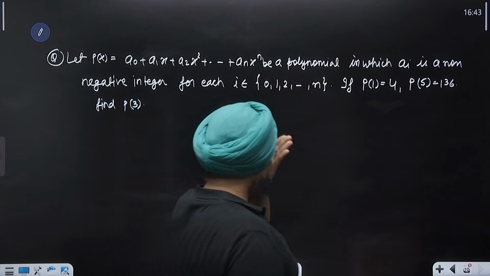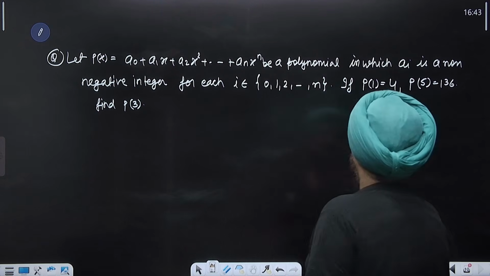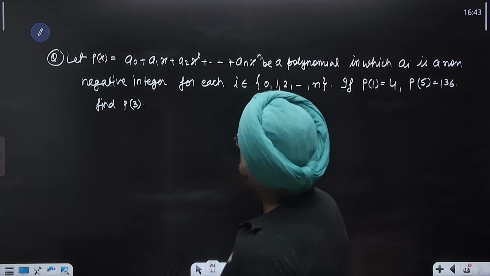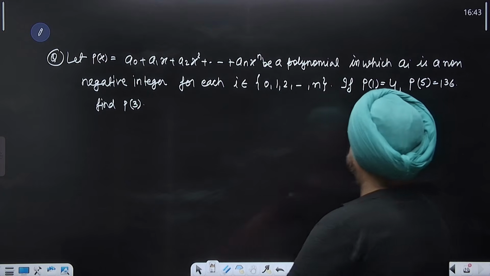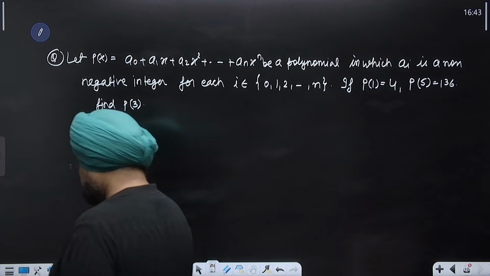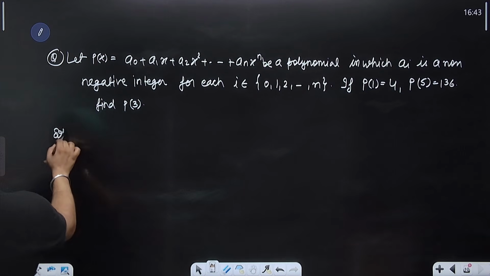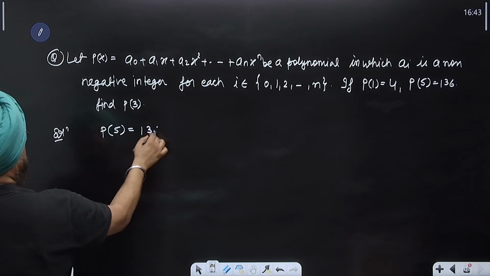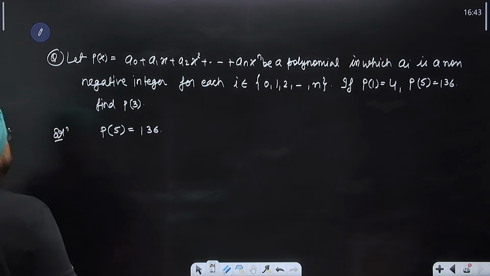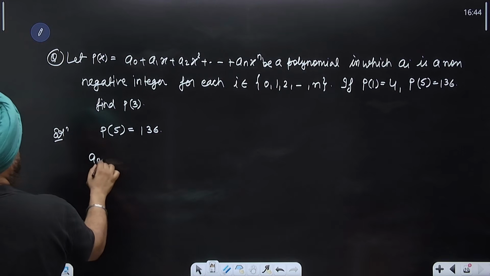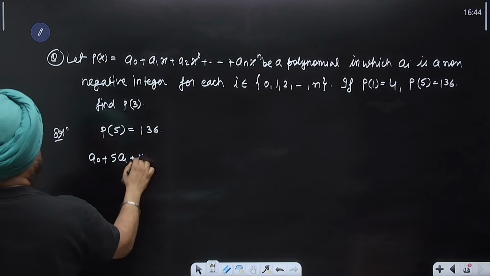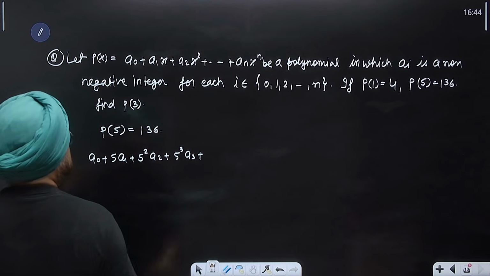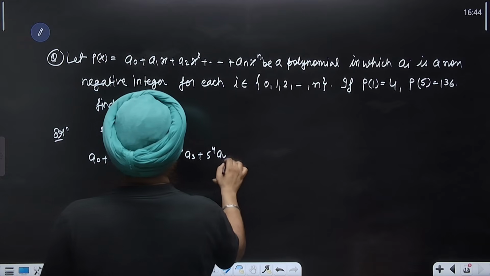So we are given the values of P(1) and P(5), and all the coefficients are non-negative integers. So P(5) is 136. What will P(5) be? a0 + 5a1 + 5² a2 + 5³ a3 + 5⁴ a4.